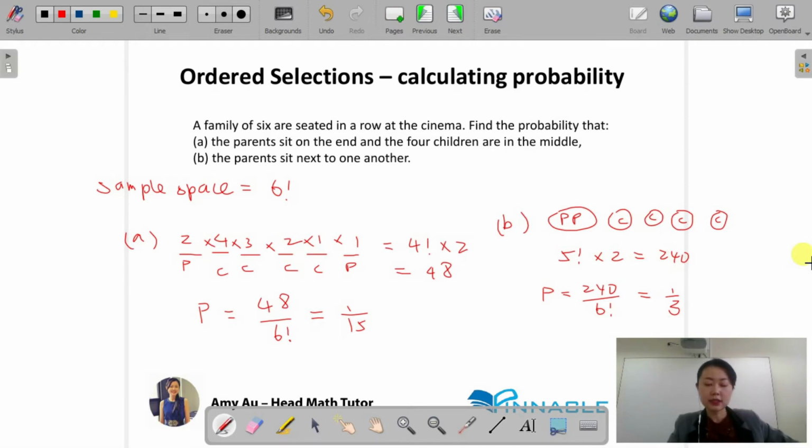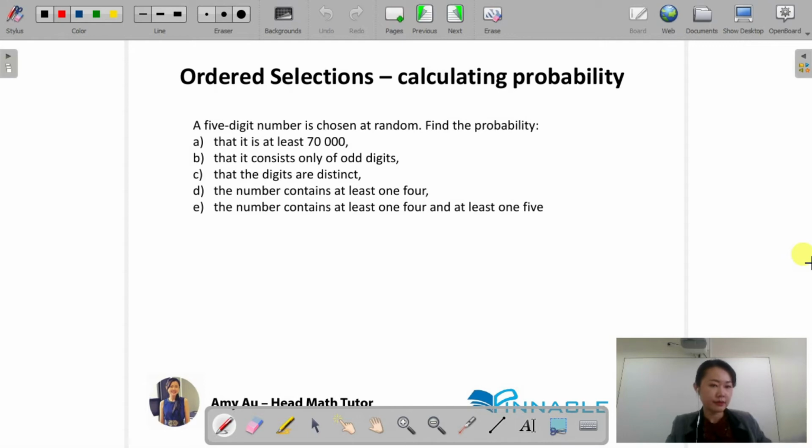All right, so next one. This one gets a little bit complicated because we are working with a lot of elements and restrictions in this case. So we've got a 5-digit number to be chosen at random, find the probability. We are trying to form a 5-digit number from the digits 0 to 9. Let's talk about sample space first.